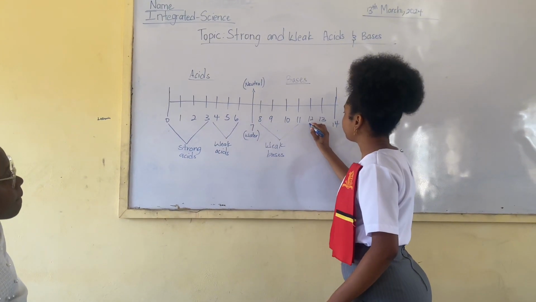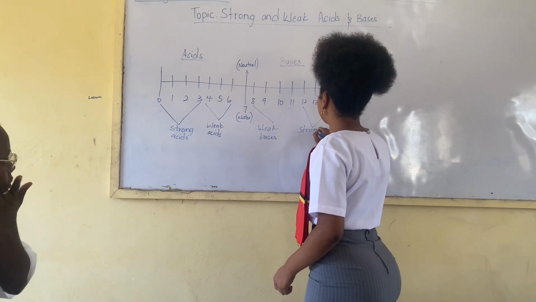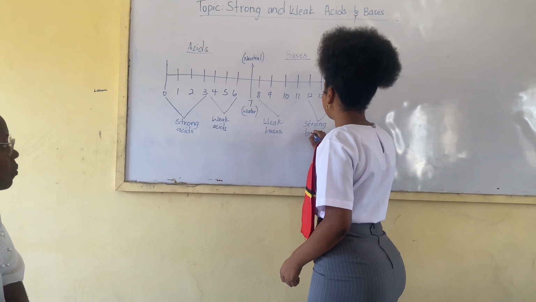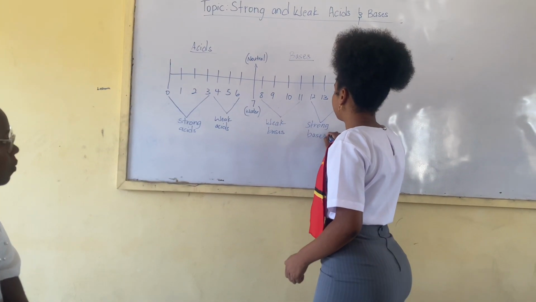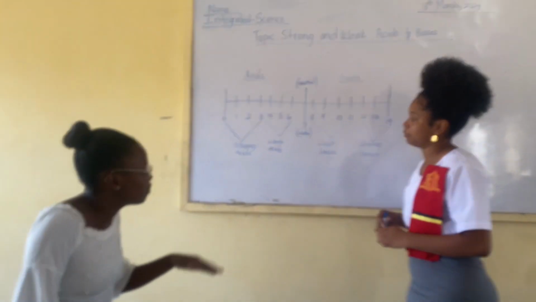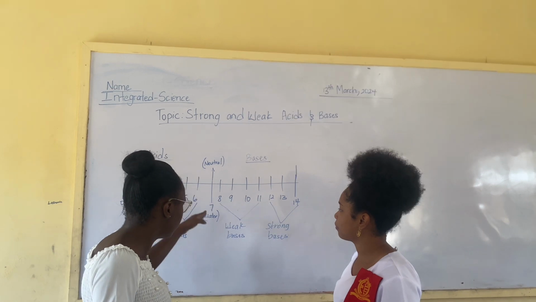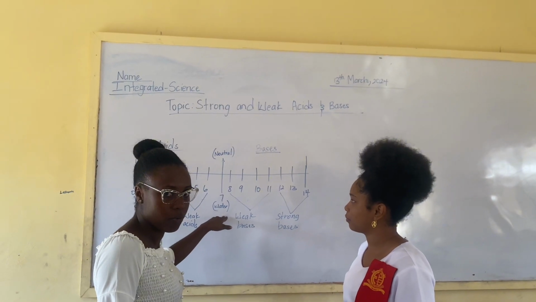And from 12 to 14 will be the strong bases. Just to add what Ms. just said there, it will be strong bases because it is farther away from the neutral point.